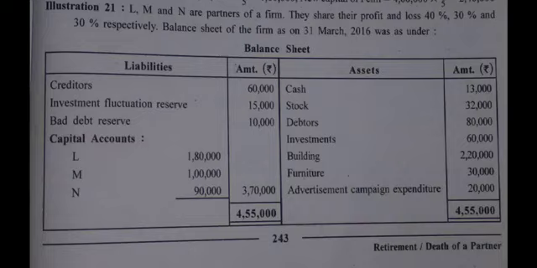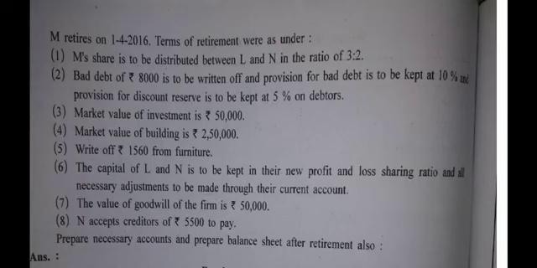Out of the 10,000 reserve you have to write off 8,000 as bad debts. So tell me what is the amount of bad debt reserve available now? Of course, simply 2,000. Further they say that you are supposed to keep the bad debt reserve, that is provision for bad debt, at 10%.